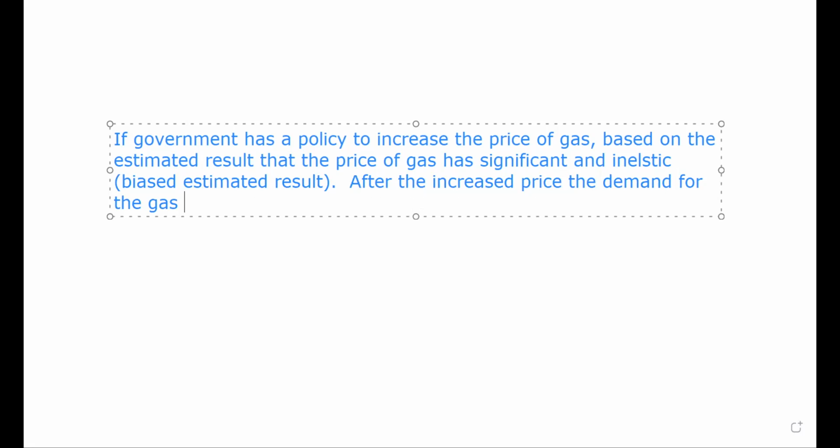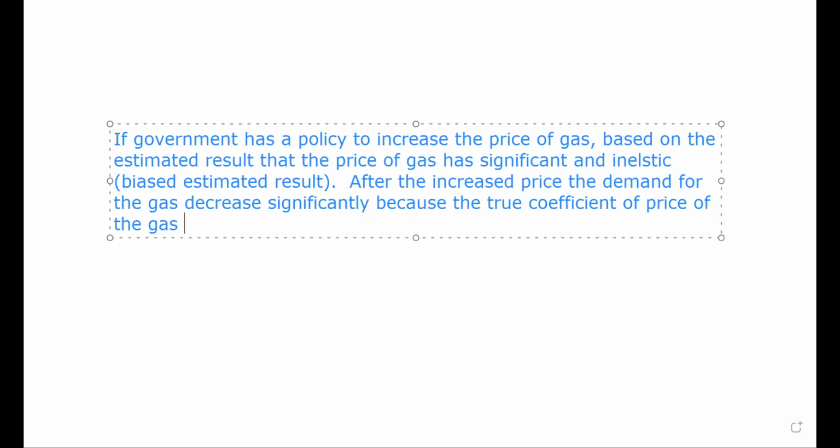However, because we have biased estimated results, the demand for gas decreases significantly, because the true coefficient of the price of gas is elastic.